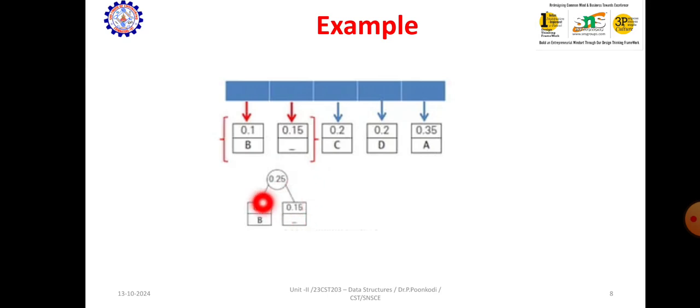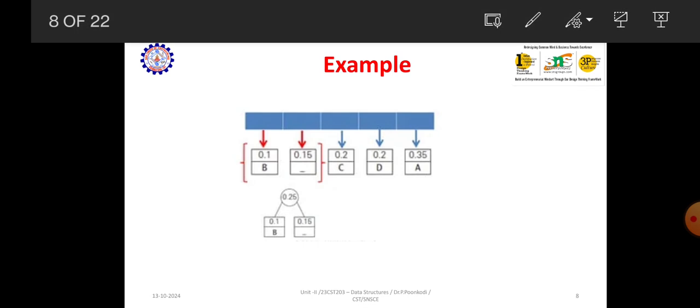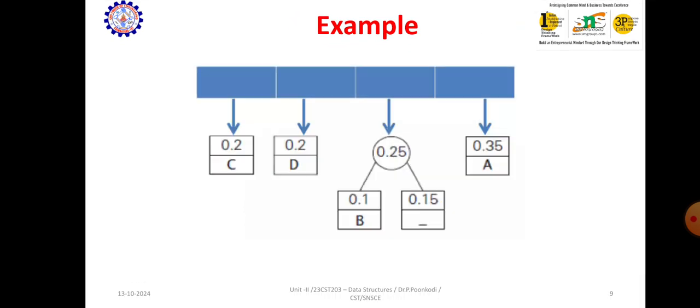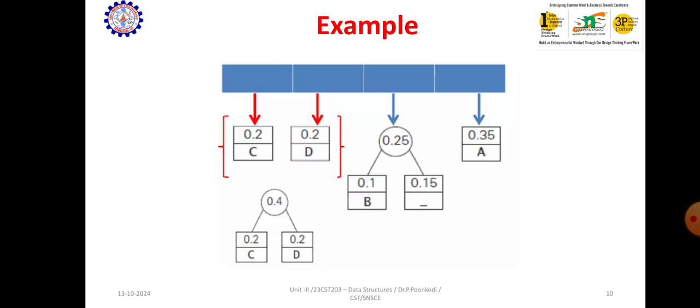We have created it and we push that pointer onto the stack in order. Here, comparing 0.25 and 0.35, 0.25 is lesser, so it is inserted before the 0.35.